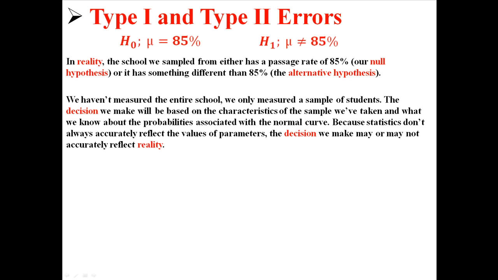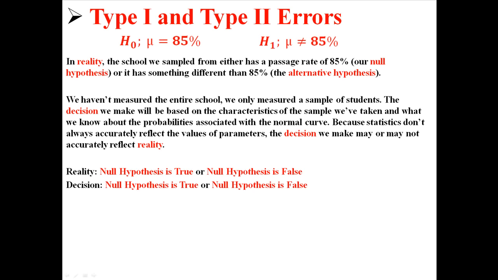Because statistics don't always accurately reflect the values of parameters, the decision we make may not accurately reflect reality. So in reality, the null hypothesis is either true or false. And we're going to make a decision about whether that null hypothesis is true or false. So we could be right, we could be wrong. There are four possible things that could happen.